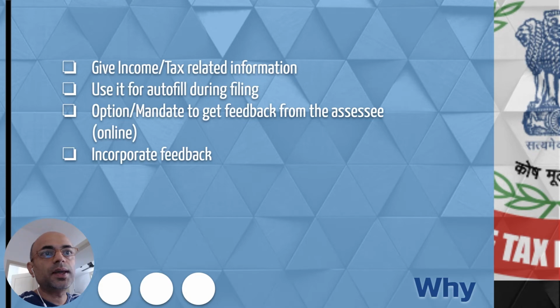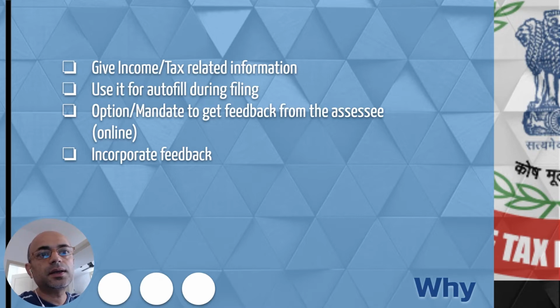So, why does the IT department have AIS? It is to give income and tax related information in detail. It's kind of in addition to 26AS, which was more specific to the tax collected, like a summary.